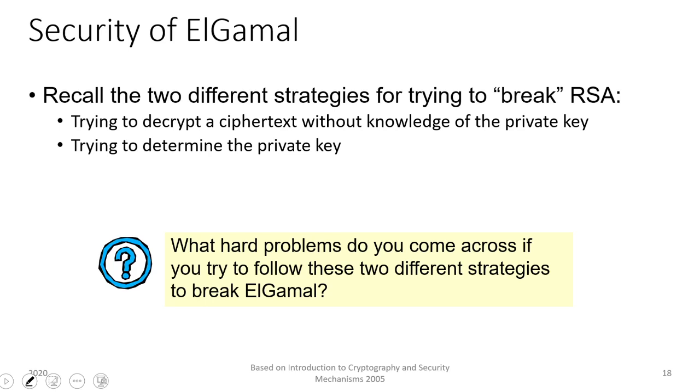Similar issues you may come across when you think about ElGamal as well. So I would suggest as a self-study exercise that you read about ElGamal a bit further, the security implications, and whether and how this can be broken, or what the challenges are in not being able to do that.